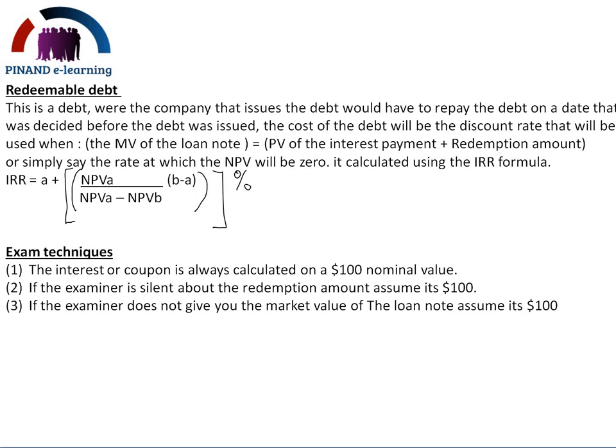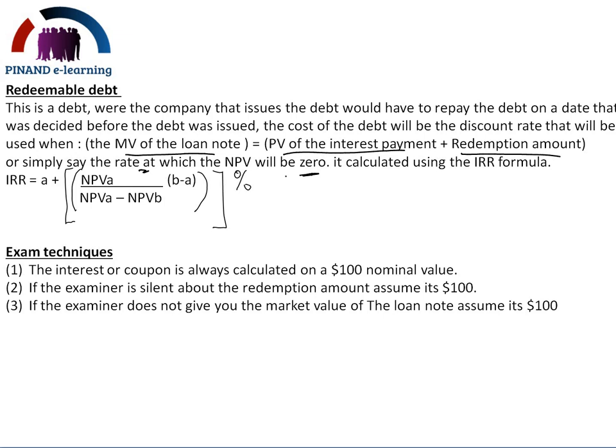The cost of debt will be the discount rate at which the market value of the loan is equal to the present value of interest payments and the redemption amount. So more or less you are saying this is the rate where the NPV will be what? 0.